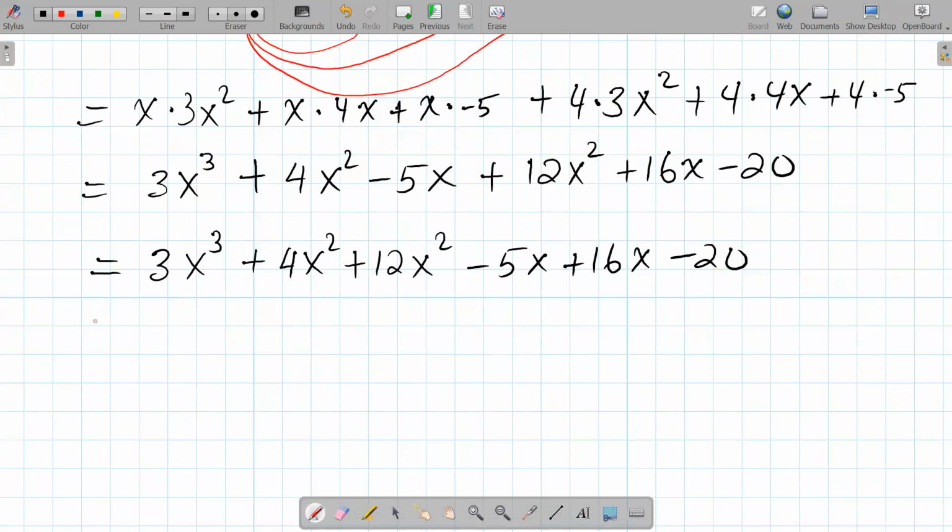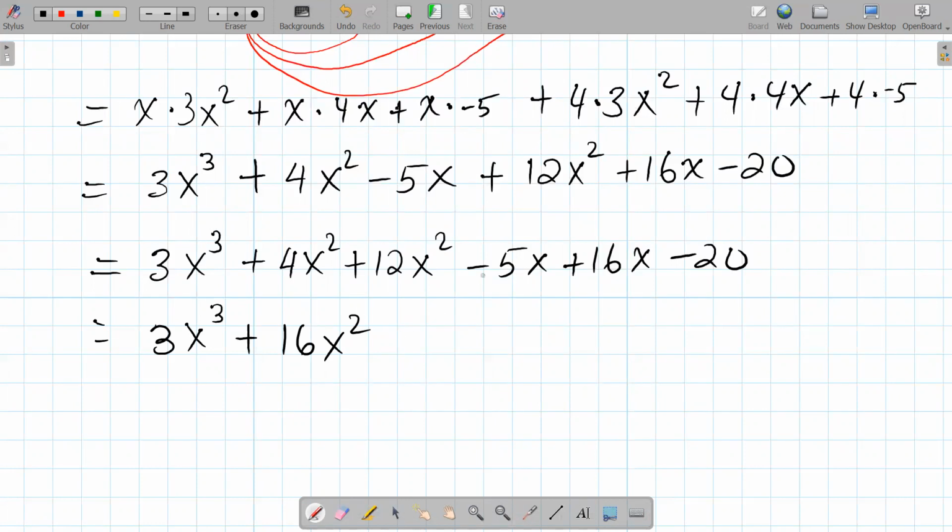So see that we have 3x cubed plus 16x squared. Am I getting the 16 from this? 4 added to 12 gives me 16. The x squared is the same, so I keep it the same.